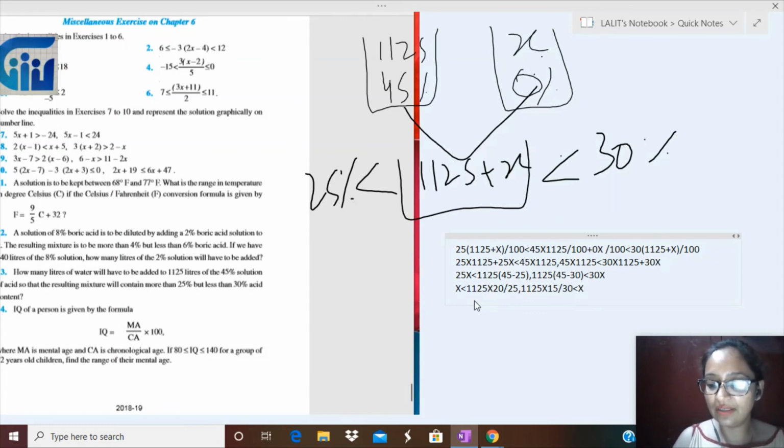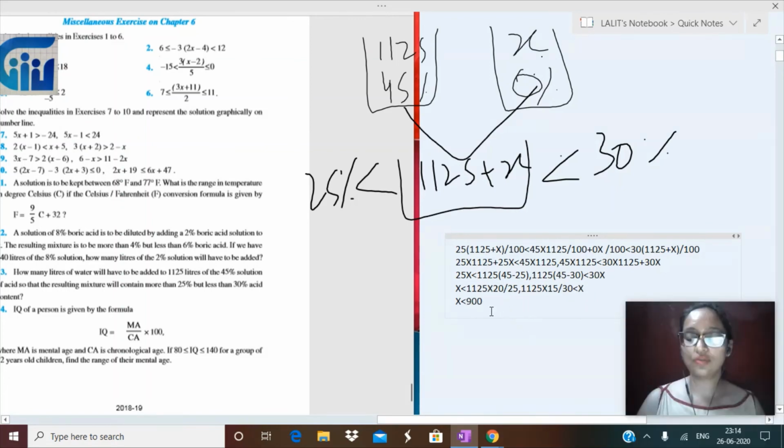Solving it further, x is strictly less than 900, and for the other part, dividing by 2, we will get 562.5 strictly less than x, right?